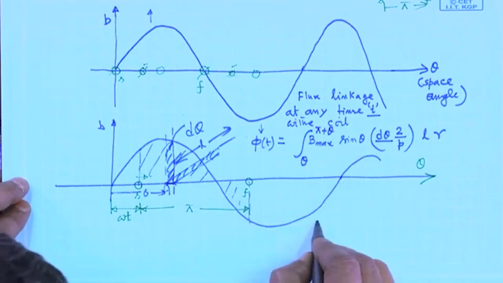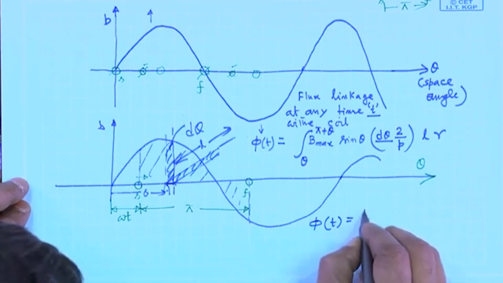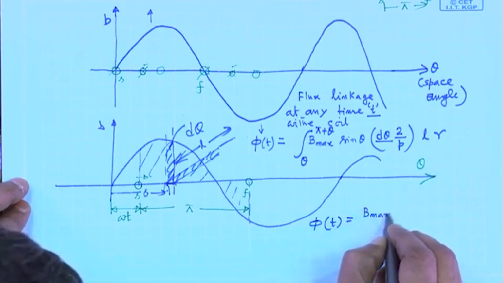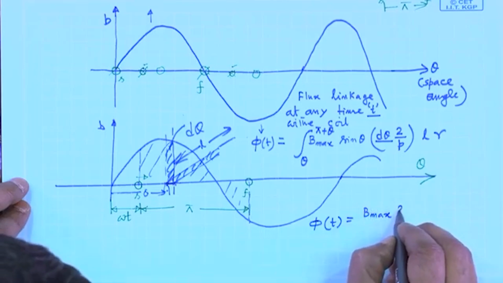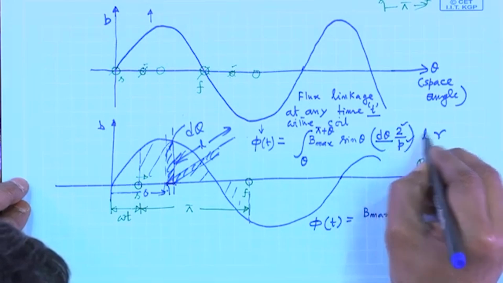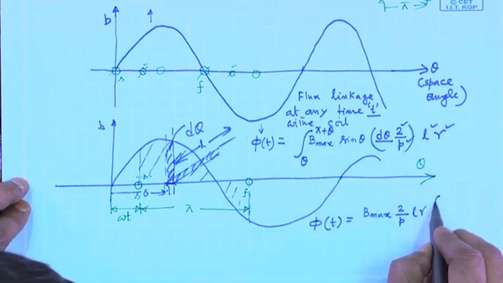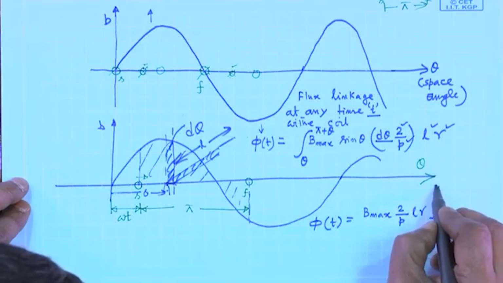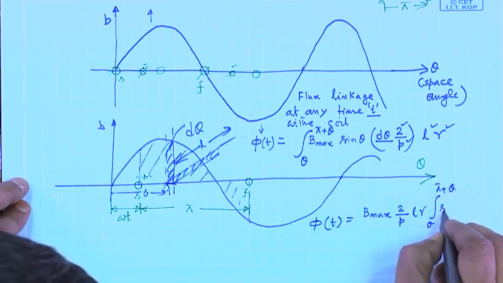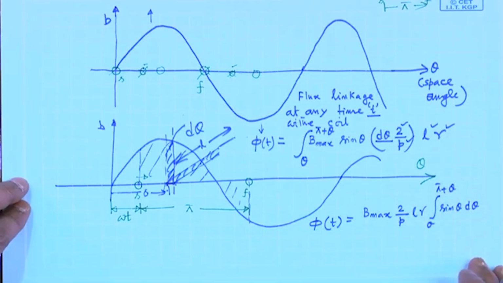So, if you integrate this, it will be B max 2 by P into Lr, 2 by P Lr I have taken, from theta to pi plus theta of sin theta d theta, is it not? That will be the thing.